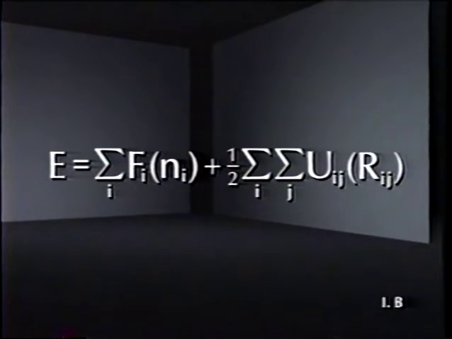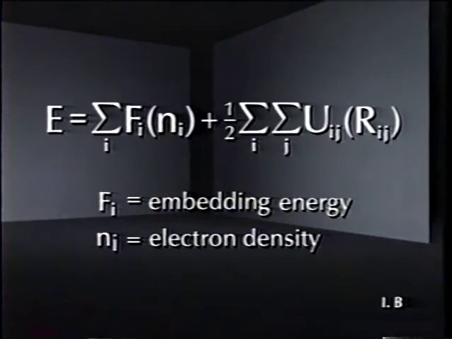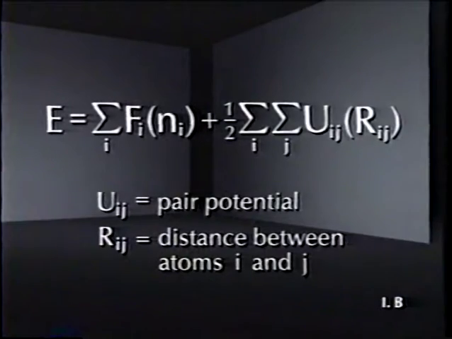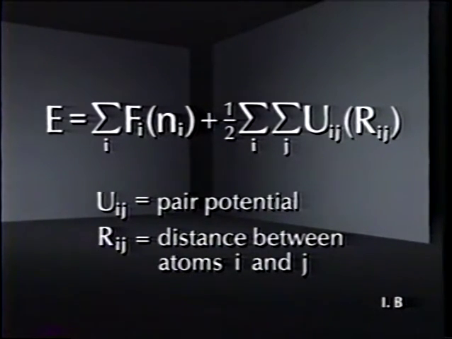The total energy E thus becomes E equals the sum over i of F sub i of n sub i plus 1/2 the sum over i and the sum over j, U sub ij of R sub ij, where F sub i is the embedding energy for atom i, n sub i is the electron density at the site where atom i is placed, and U sub ij is the pair potential between atoms i and j at a distance R sub ij between their centers.